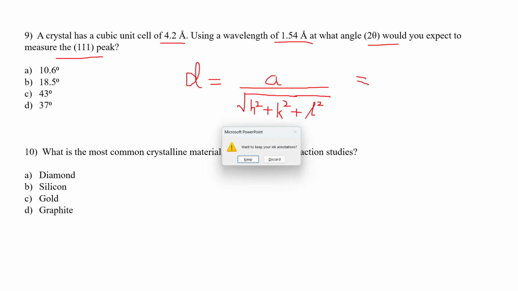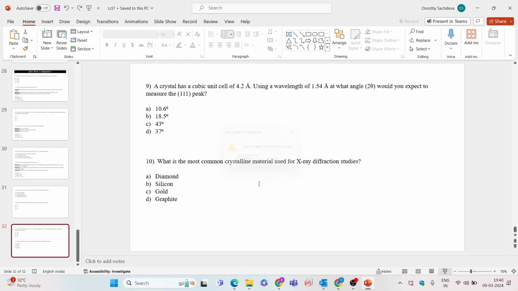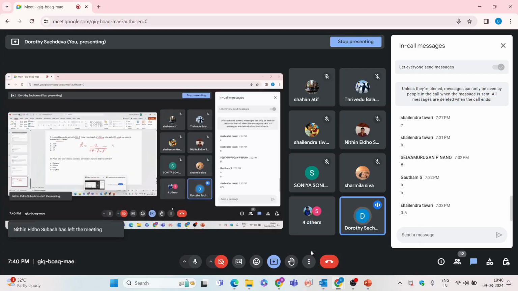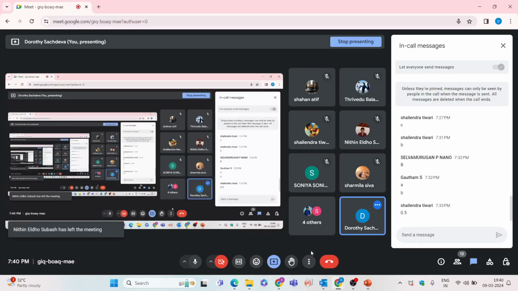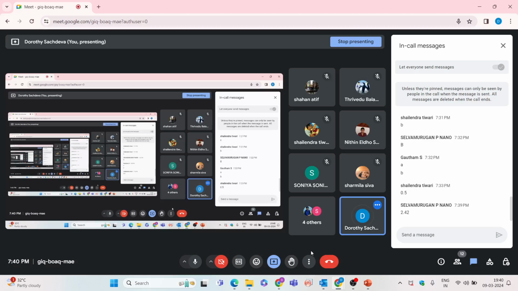Can anybody calculate and tell me what will be the value of this d using this simple formula? Anyone? This is a very simple calculation. You just need the value of a and your hkl planes. Here your hkl plane is the 111 plane and your value of a is 4.2 angstroms.